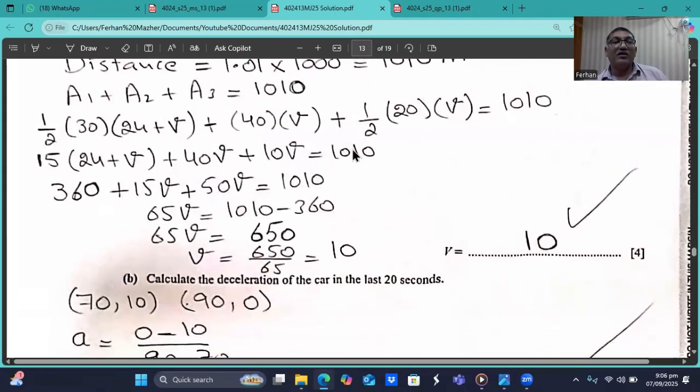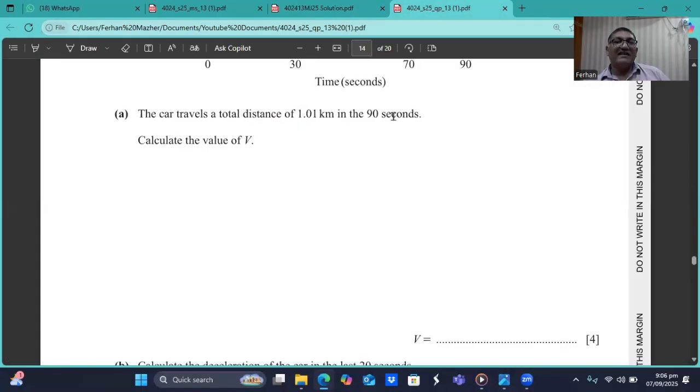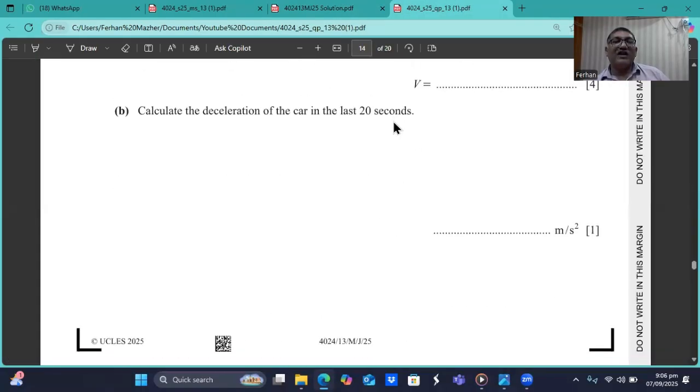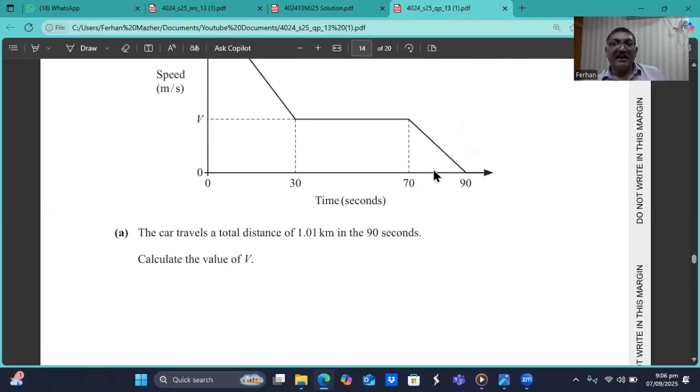It's a 4-mark question. Then in the next part, which is of 1 mark, they say calculate the deceleration of the car in the last 20 seconds. So basically, they are asking you to find the deceleration in the last 20 seconds. The last 20 seconds are this.